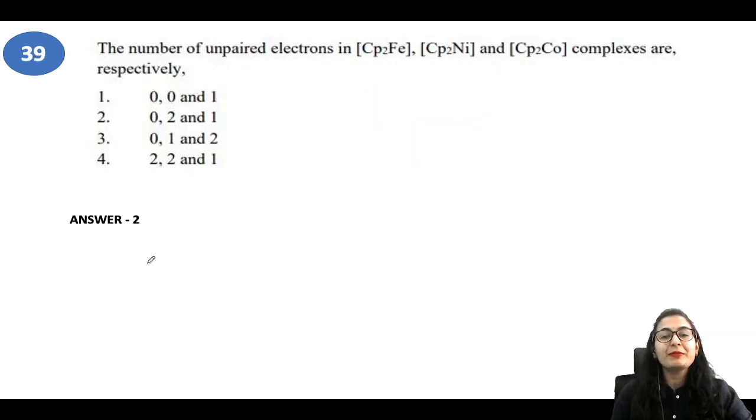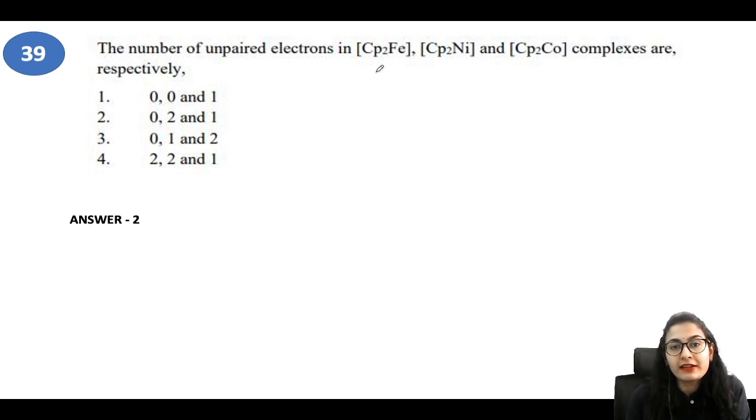Yes, the number of unpaired electrons in Cp2Fe, Cp2Ni and Cp2Co complexes are. So when we are talking about ferrocene, it is basically asking you about the number of electrons or the electronic configuration, how we have to fill the electrons. Okay, so let's do this. For ferrocene, you have 18 electrons.